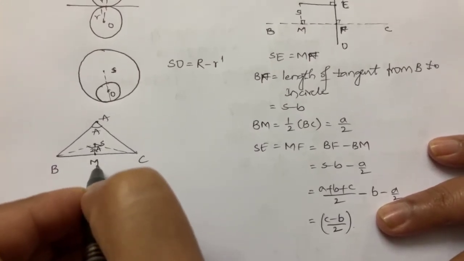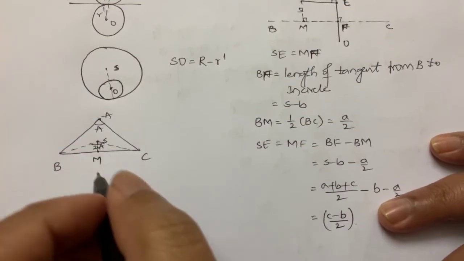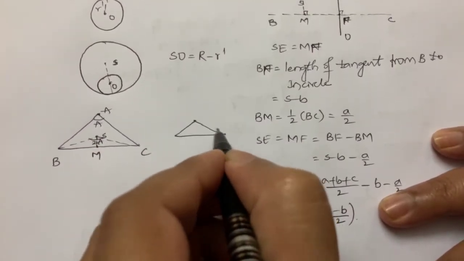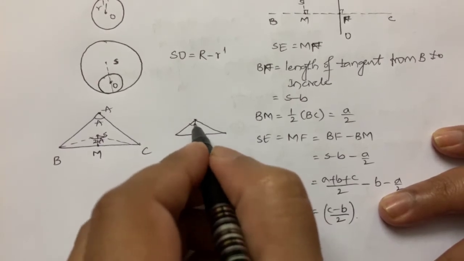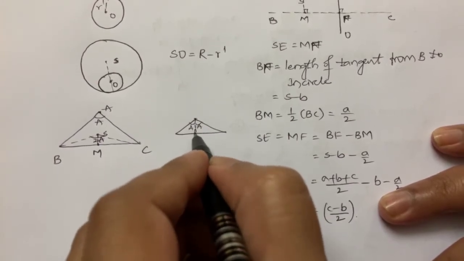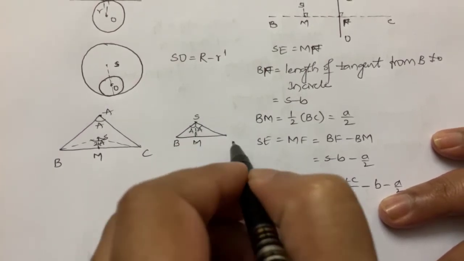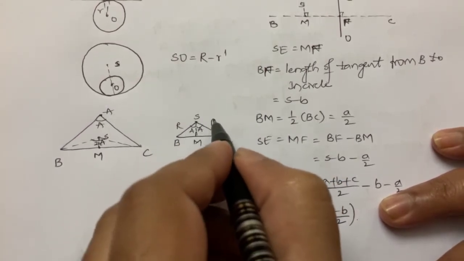It will meet at M. If I consider that triangle alone, this is A, this is A. So B, M, S, C, and this is R.